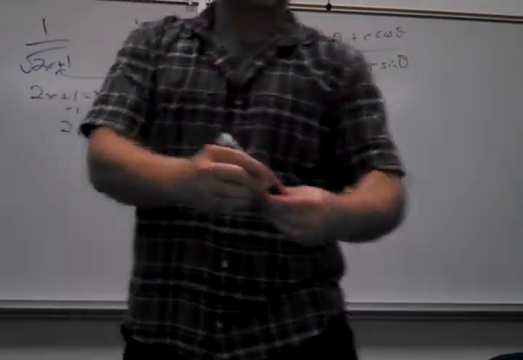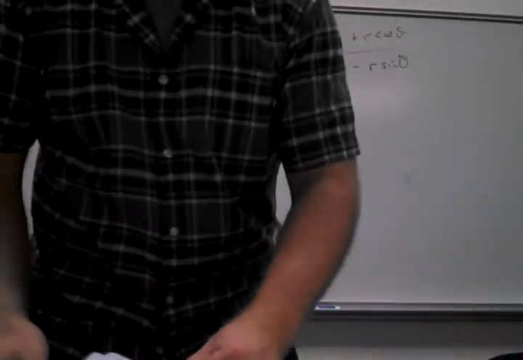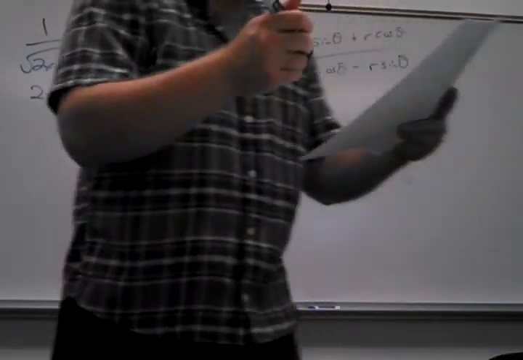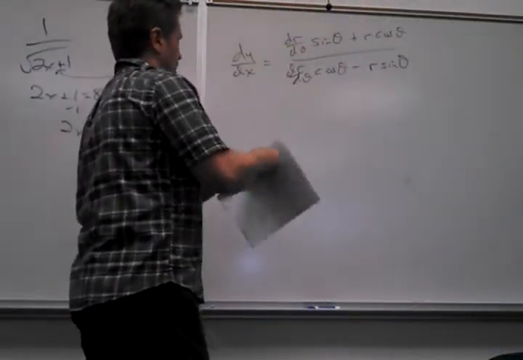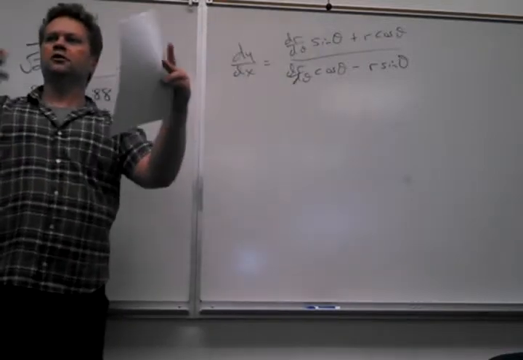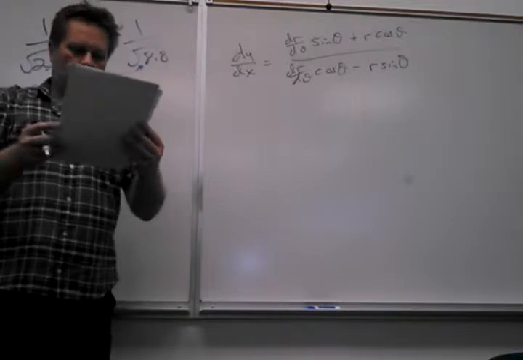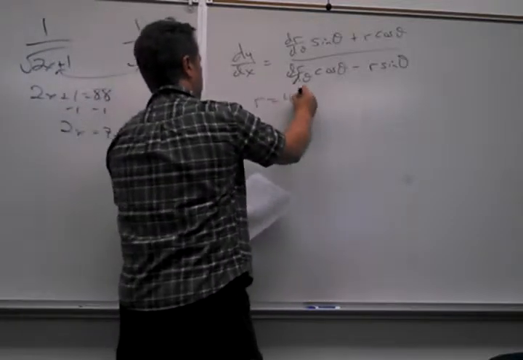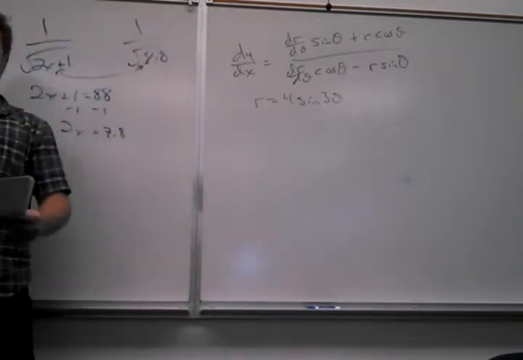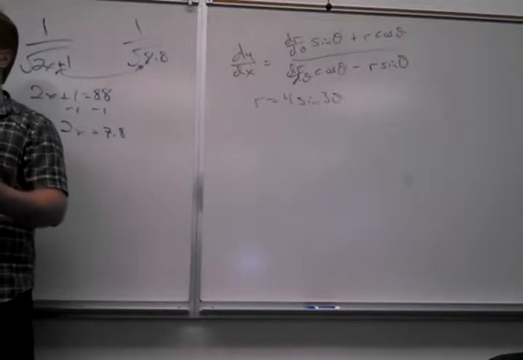Let's see if I'm right. Is it? Cool. So either I'm right twice or I'm wrong twice. Here it is. So this is the polar equivalent to dy dt over dx dt. So it's a little bit more complicated. But I give you r is 4 sine 3 theta. So now you just kind of start evaluating the pieces and then you put them all together. That to me is the way that makes the most sense.